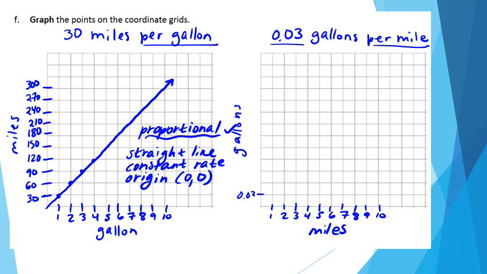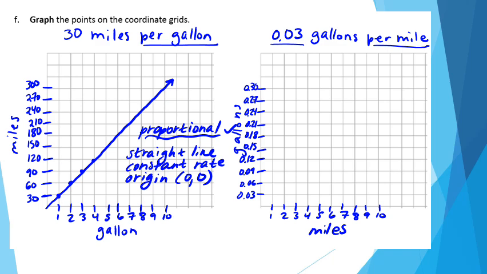And so we'll have 300ths, 600ths, 900ths, 1200ths, 1500ths, 1800ths, 2100ths, 2400ths, 2700ths, and 3000ths, also known as 3/10.